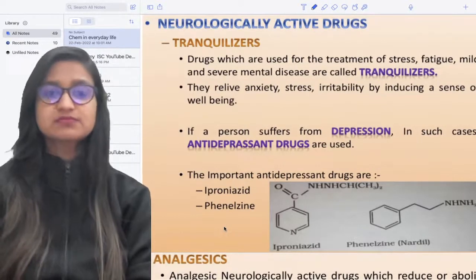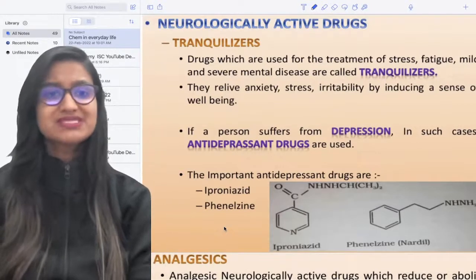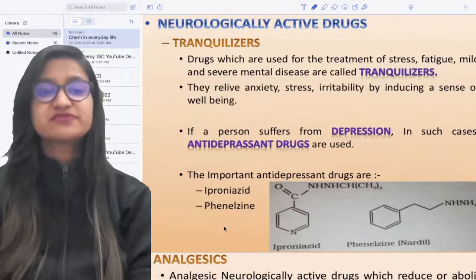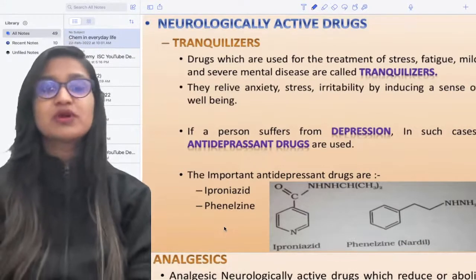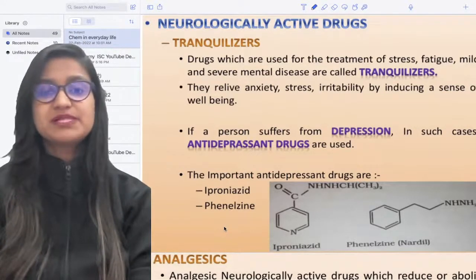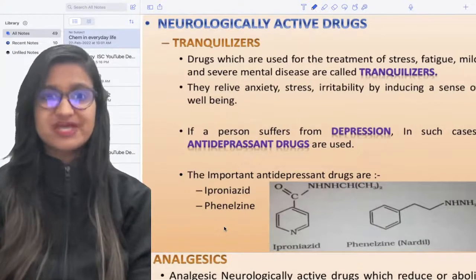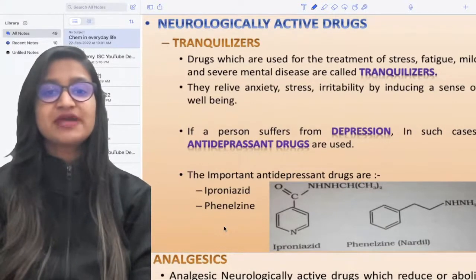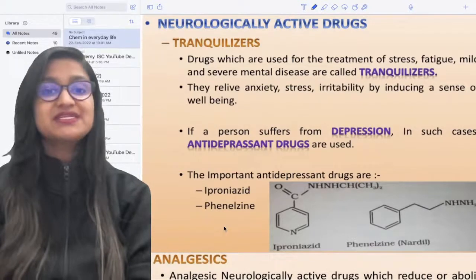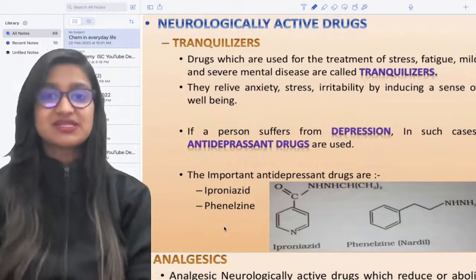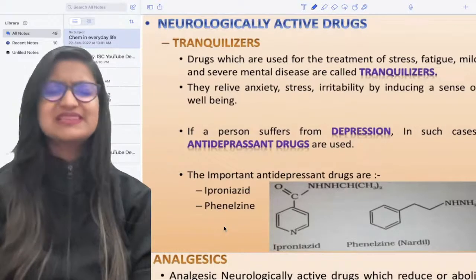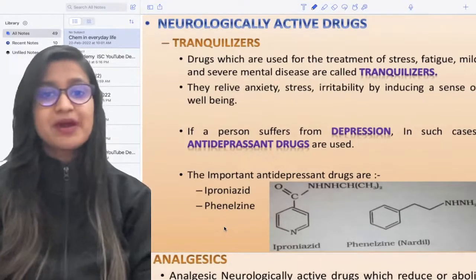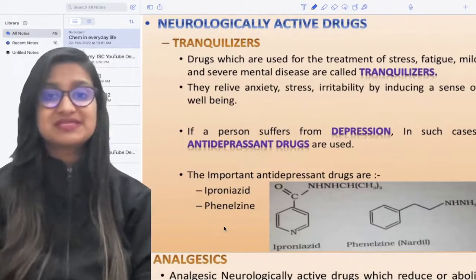So you can see here the drugs which are used for the treatment of stress. You must have heard that people are in depression, right? So the medicine given to them, those are tranquilizers, antidepressant drugs are given so that they will feel less stress or won't feel stress, fatigue, and mild and severe mental diseases.